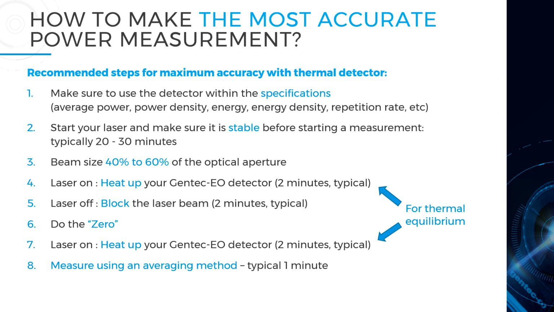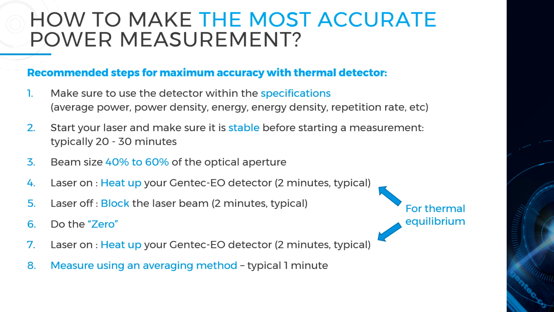So by the way, let me also share our general guidelines for getting the most accurate, repeatable, absolute laser average power measurements with a Thermopile detector. 8 steps. First, make sure the detector is used within specifications. Then start your laser and make sure it is stable before making a measurement.